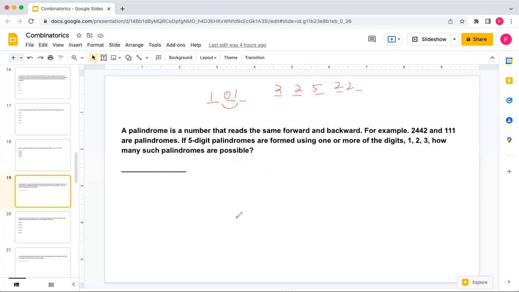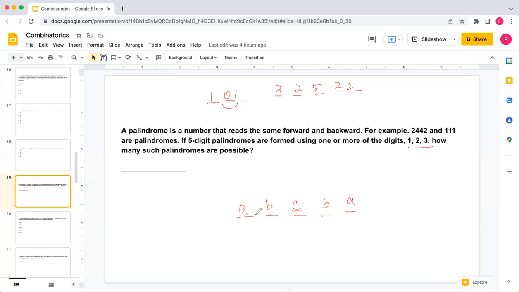For a 5-digit palindrome, positions 1, 2, 3, 4, and 5: if this is A, this one must also be A. If this is B, this one must also be B, and this one could be any value, for example, C. The question is saying that if 5-digit palindromes are formed using 1 or more of the digits 1, 2, 3, how many such palindromes are possible?